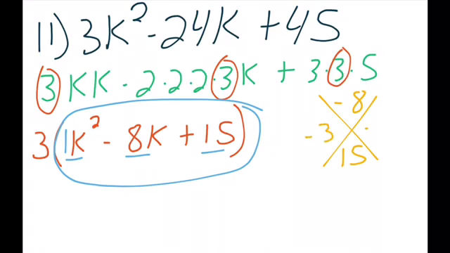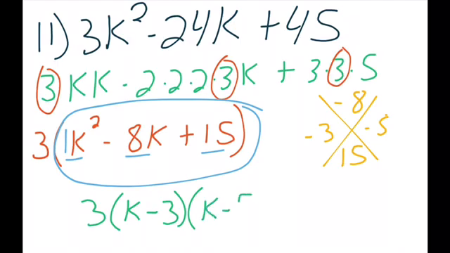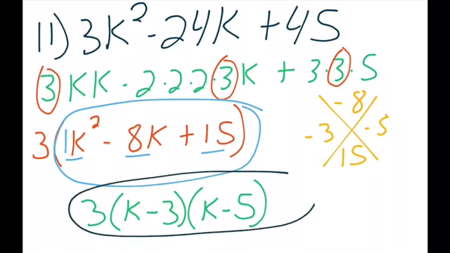Well, that is a negative 3 and a negative 5. So my final answer here is actually going to be 3 parenthesis k subtract 3 times k subtract 5. And that's my final answer.